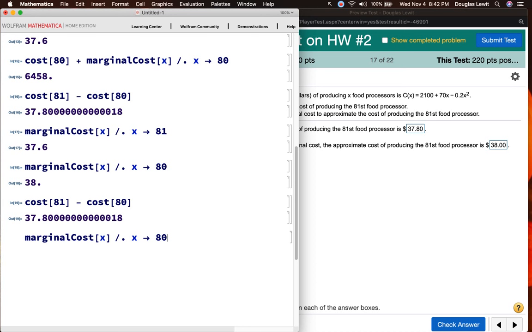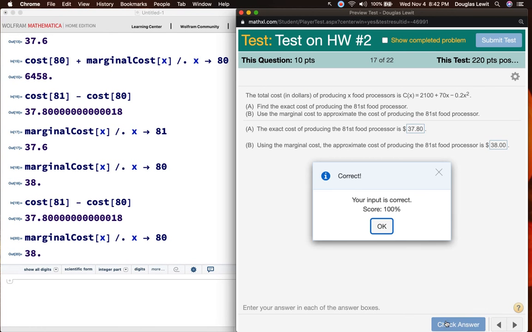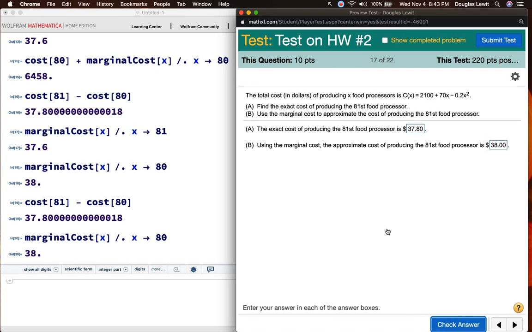They're giving you 81, but you have to use the number before, the integer before, which is 80. Then I'm going to get $38, and that's the answer that they want. Check the answer. It is correct. Score 100%. Okay, let's move on to the next problem.